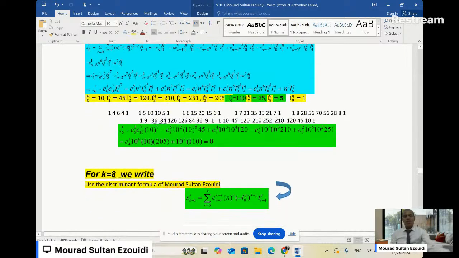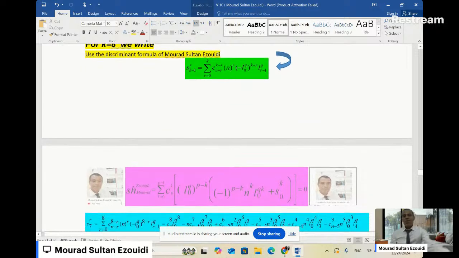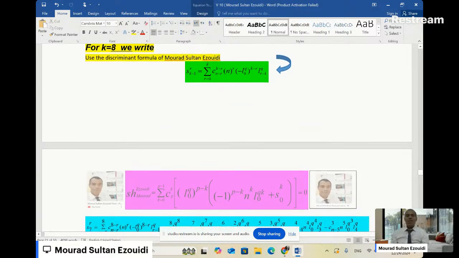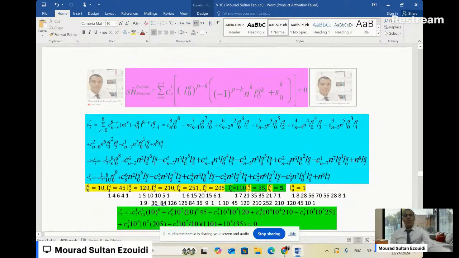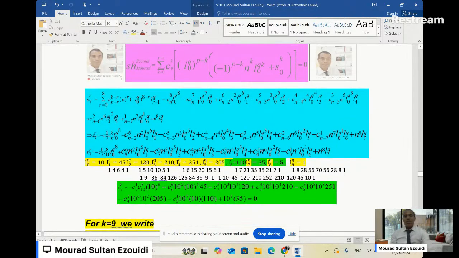Let's go to S7. To find S7, you should put k equal 8 in the general formula of mine, or in my third theorem. So I will just make our substitution. This is the expansion of S7 in its simplest form.